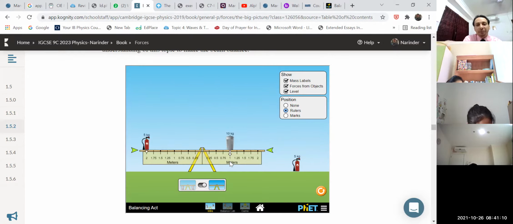Look here, let me try. Instead of 5 kilogram, I will consider this as 5 Newton, to make my calculation easy, instead of multiplying with gravity. So let's suppose this is 10 Newton and 5 Newton. The moment on the left hand side, children, is equal to force times its distance from the pivot: 5 into 10 Newton at 2 meter.